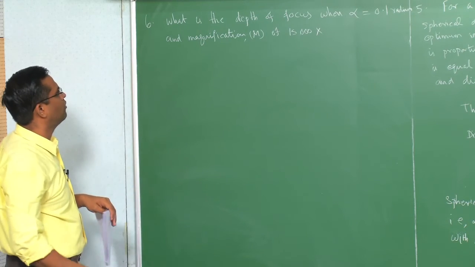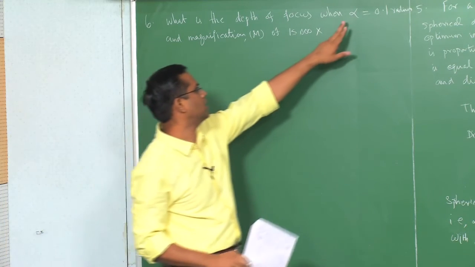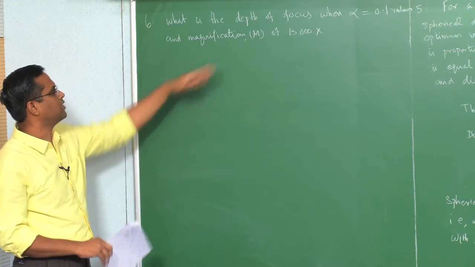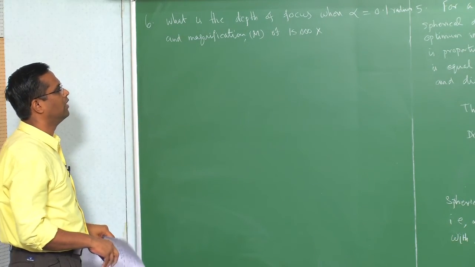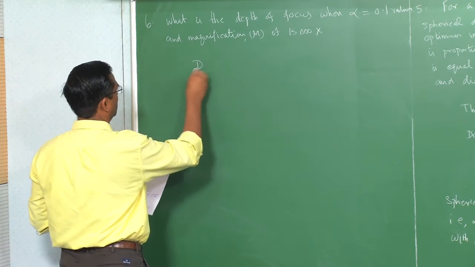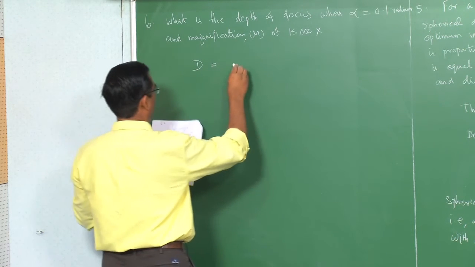So, what is the depth of focus when the semi aperture angle alpha is equal to 0.1 radians and the magnification M is 15,000 x?